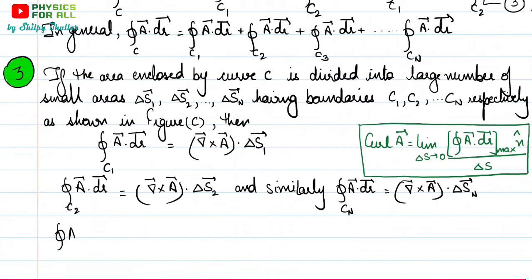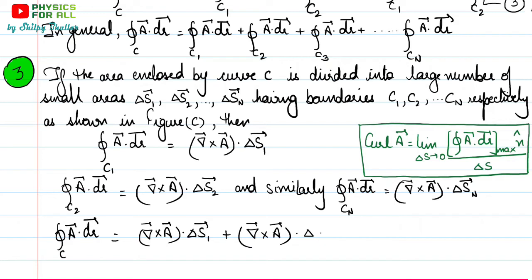So we have this A dot dr over the closed curve C, and that would be equal to the summation. We have to sum up all these quantities: this, plus the curl multiplied with the surfaces, and this would go on till the surface Sn.